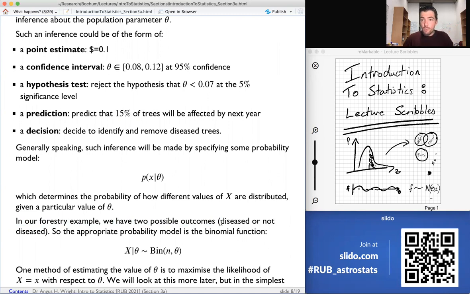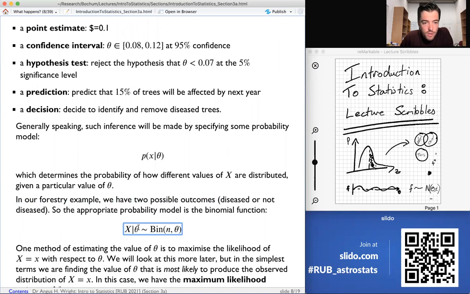And so the model that we're interested in is the binomial function, right? This is saying that the likelihood distribution of data given a particular value of the model follows the binomial function with some value theta, and our n is determined by how many trees are in the sample.